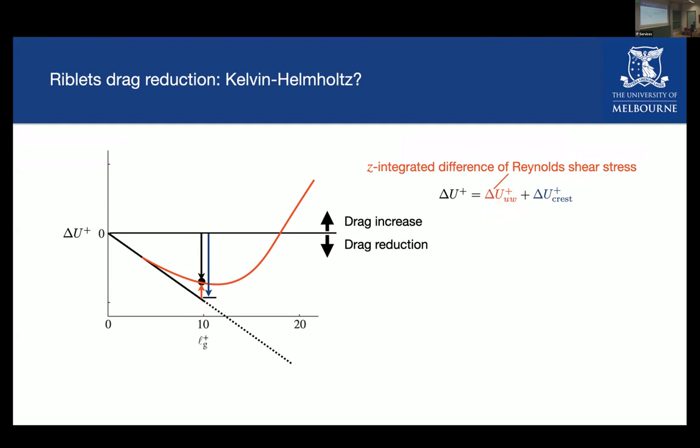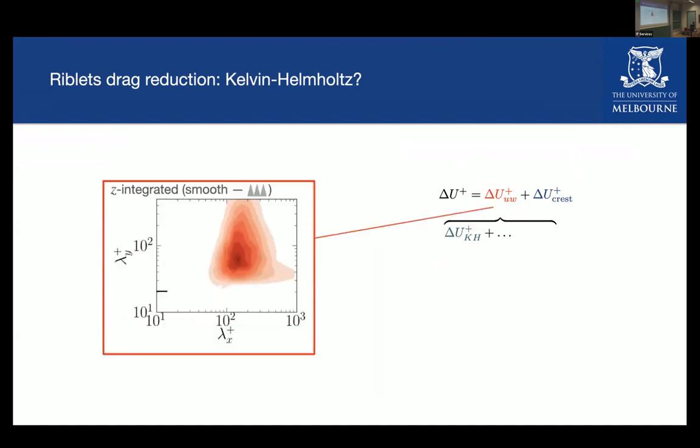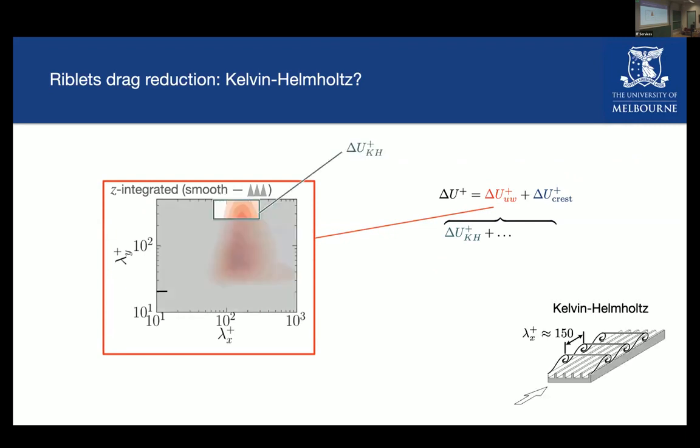So here's how, and we need to tease out the Kelvin-Helmholtz part of this contribution. So we can look at it in spectral space. This is how it looks. So this is again the wall normal integrated difference of the Reynolds stress co-spectrum. Okay, and so if we want the Kelvin-Helmholtz contribution, we just look in the box up there, which corresponds to structures like this.